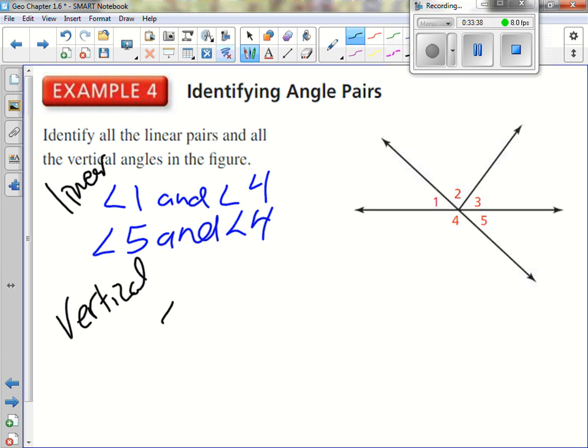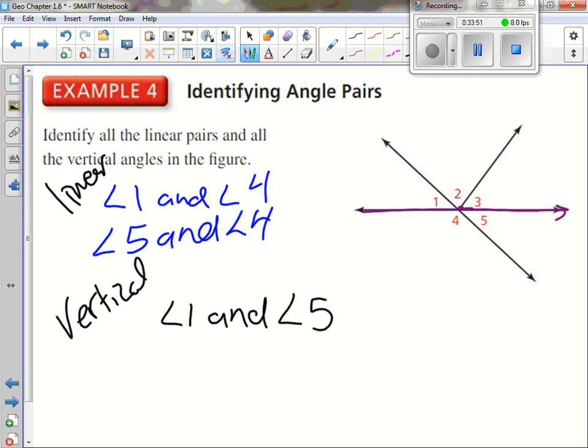It's going to be angles 1 and angle what? 5. This here is a pair of opposite rays. Here's a pair of opposite rays, and that's the only two we can set up.